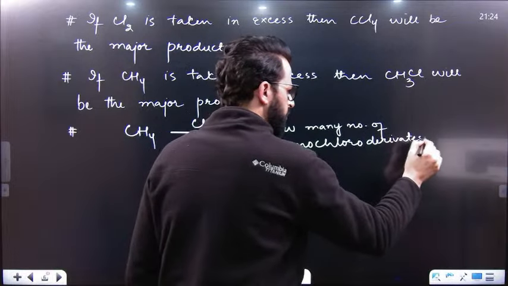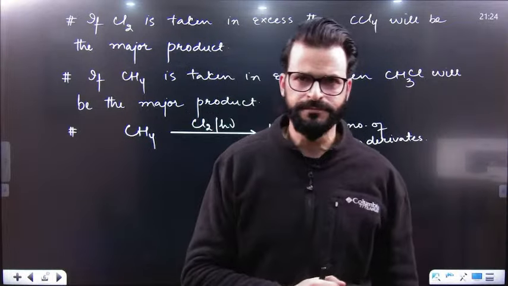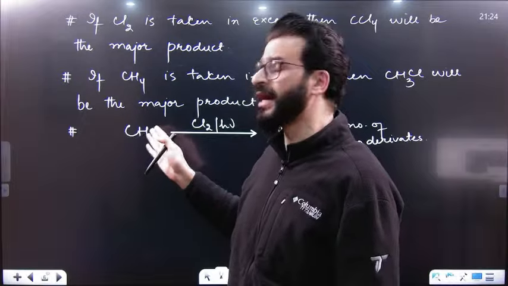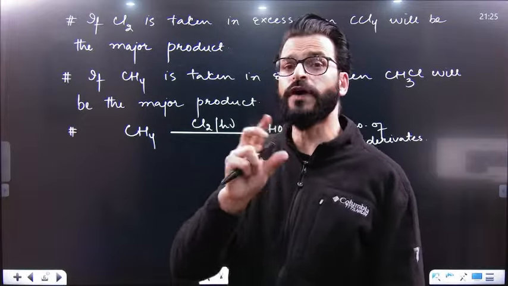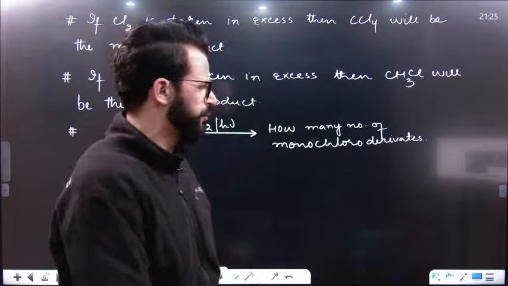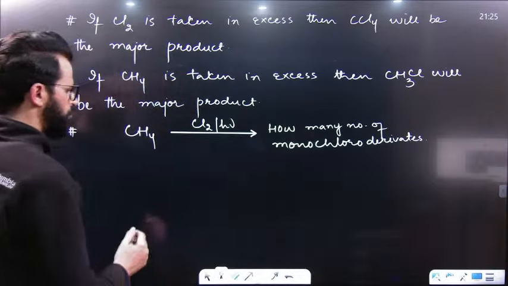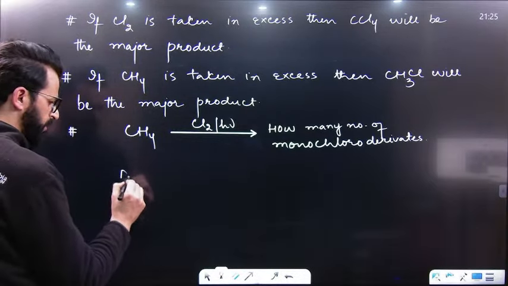Now, actually, this is a very important question, that you have an alkane given in the question. Now you have to find out the number of monochloro derivatives. So how to solve this question? For that you have to remember this one.